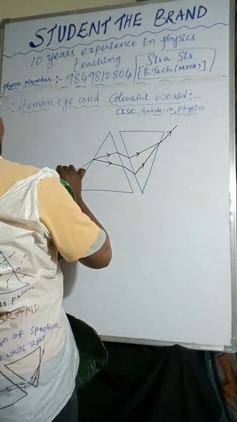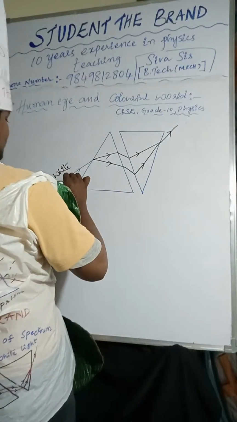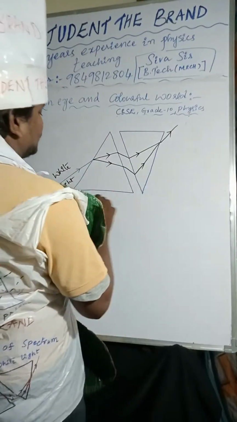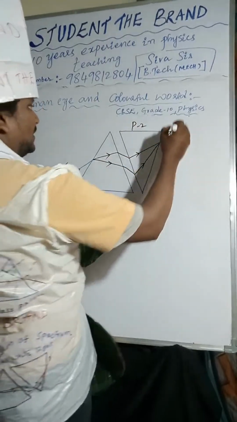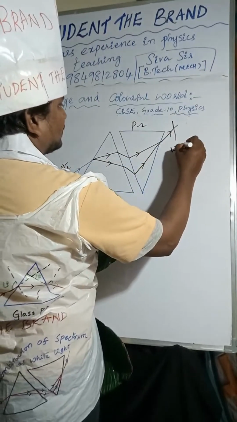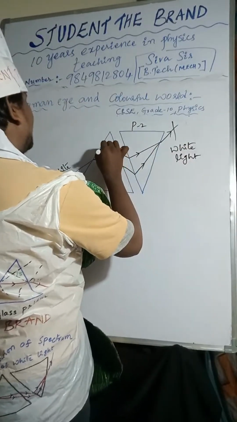So this is the white light. This is prism 1, this is prism 2, and here we are getting white light.